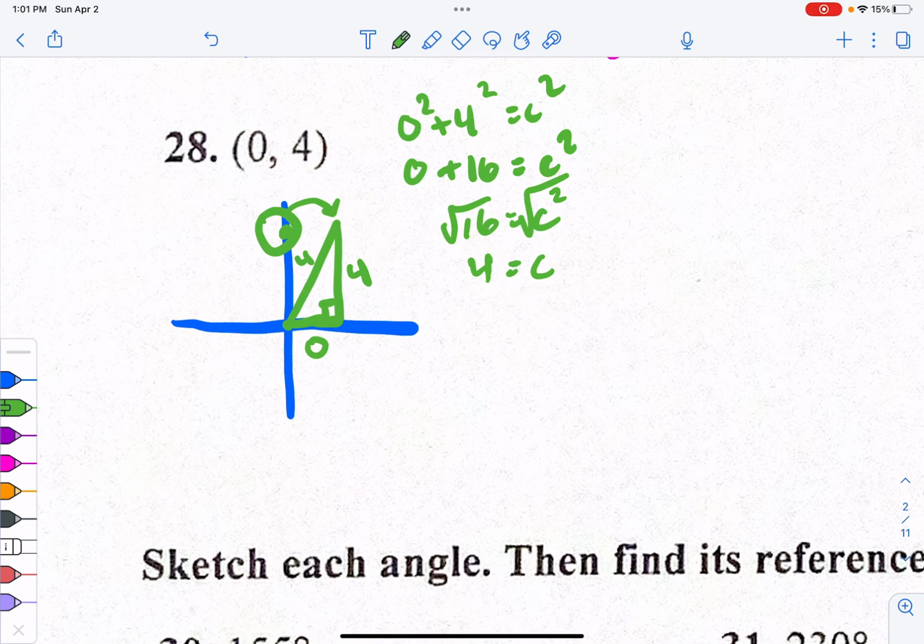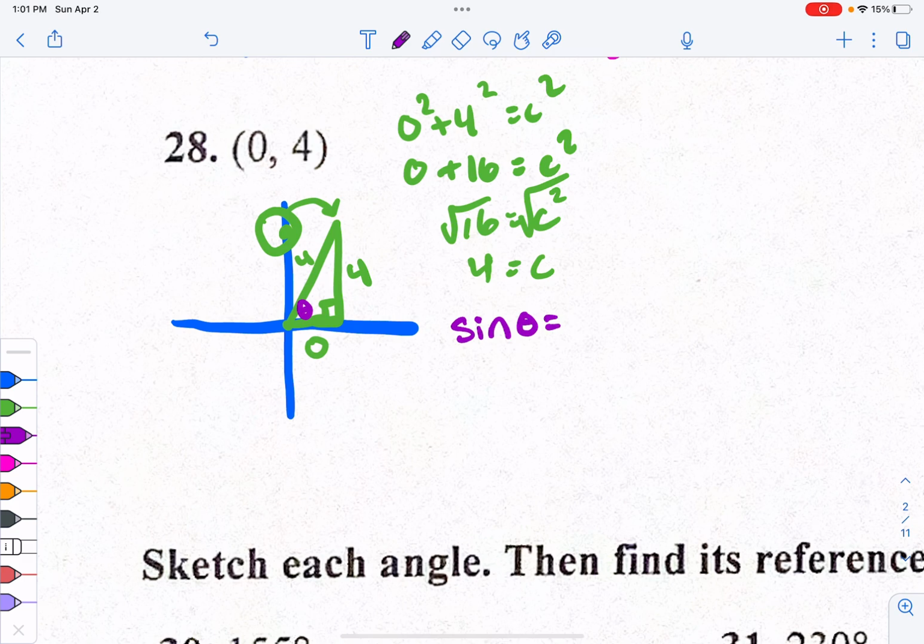So if it helps you to think about it that way, to think about it as a triangle that has 0 as his bottom side, we can cheat and make him look that way. And then when we go to do sine, cosine, and tangent, it will look a little bit nicer, okay? So here we go. Let's do sine. My theta is here.